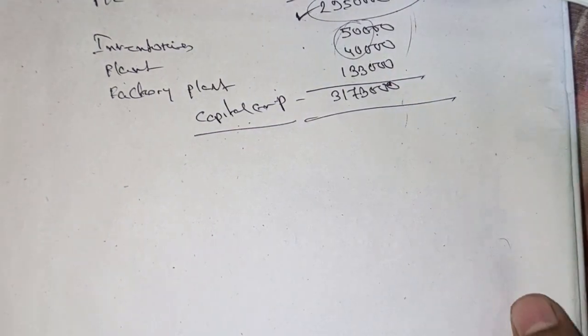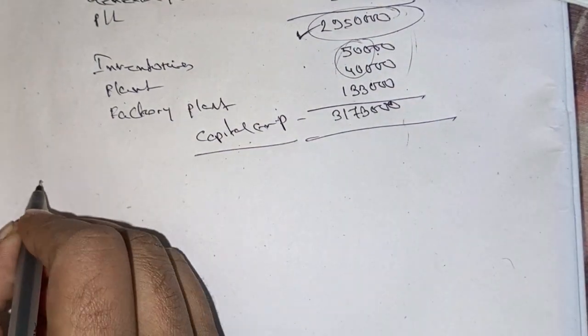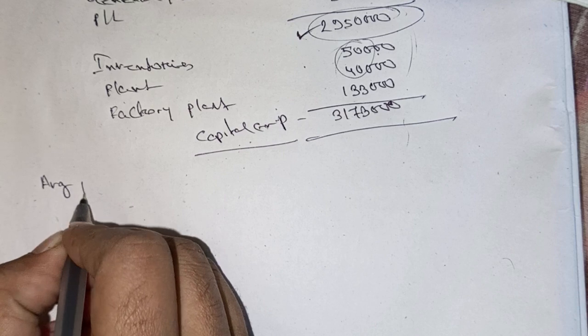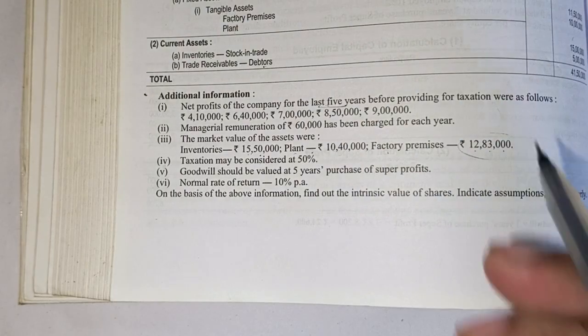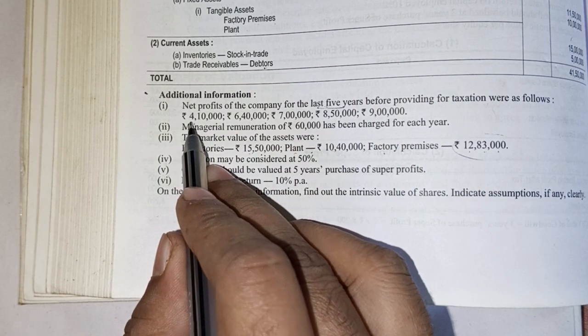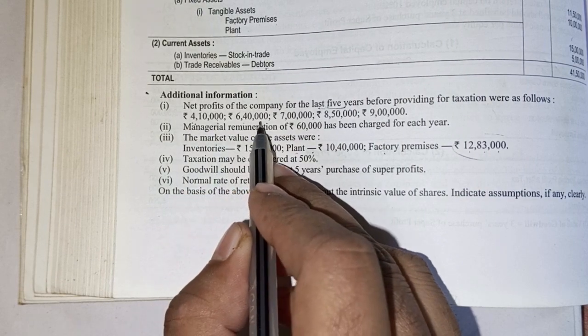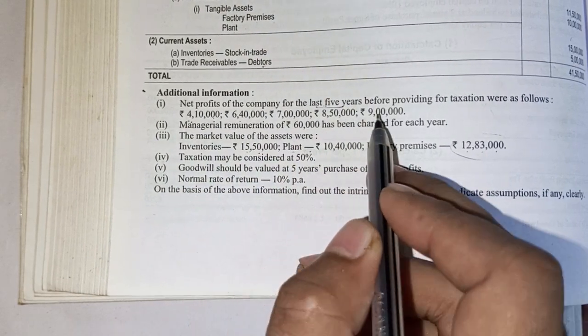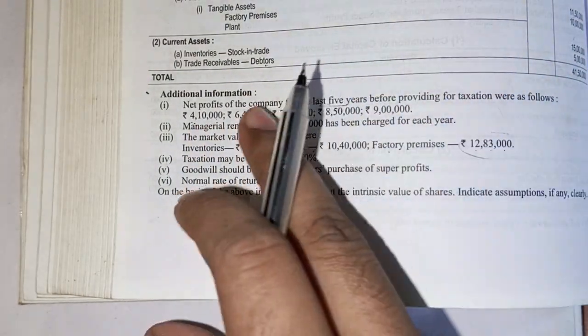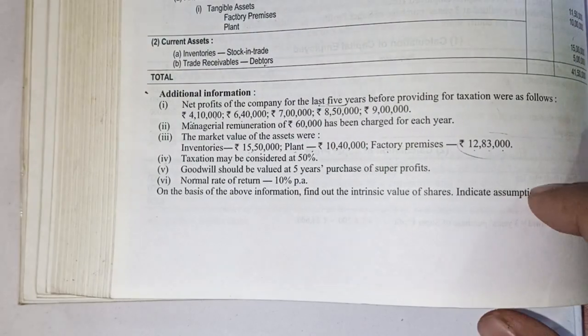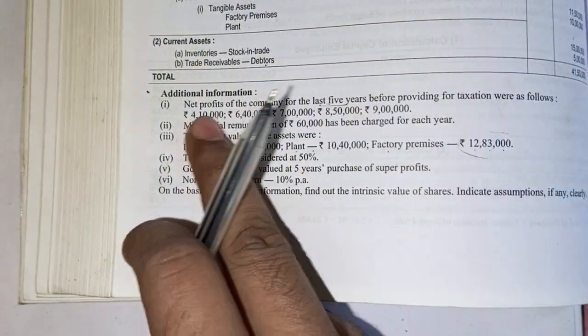So now I'm going to find out our average profit. Remember the amounts: 4 lakh 10,000, 6 lakh 40,000, 7 lakh, 8 lakh 50,000 and 9 lakh. Have you remembered it?